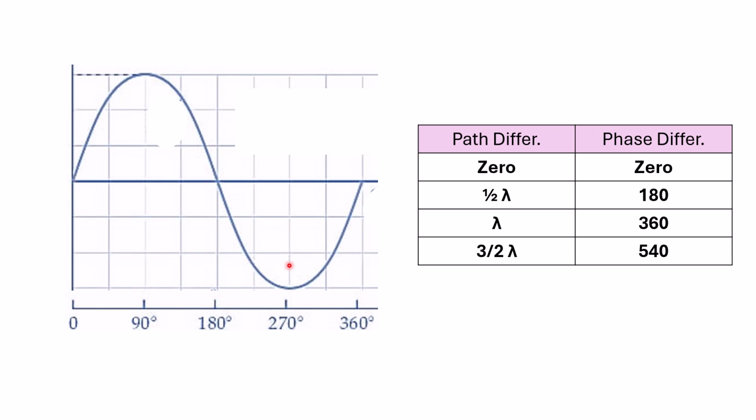This is a wavelength and these are the corresponding angles in degrees. For example, this is the intersection of the wave with the horizontal and vertical line. So here we have 0 degrees. This corresponds to 1/4 of a wavelength, which corresponds to 90 degrees. This is half of a wavelength, which corresponds to 180 degrees.